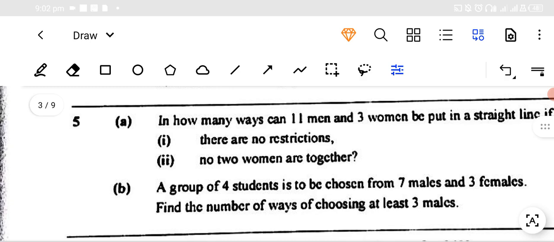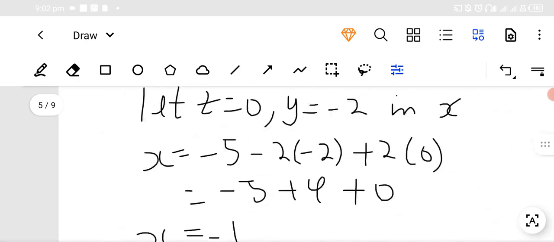Then the last question is B. A group of 4 students to be chosen from 7 males and 3 females.